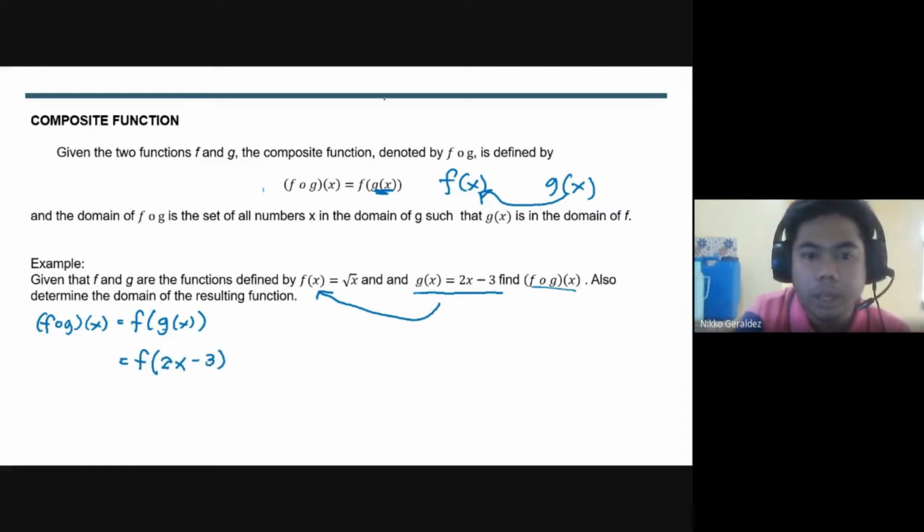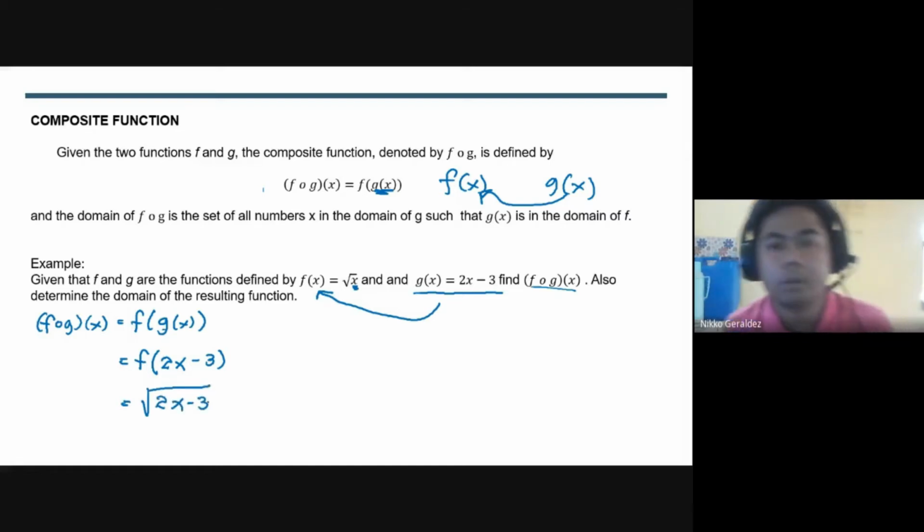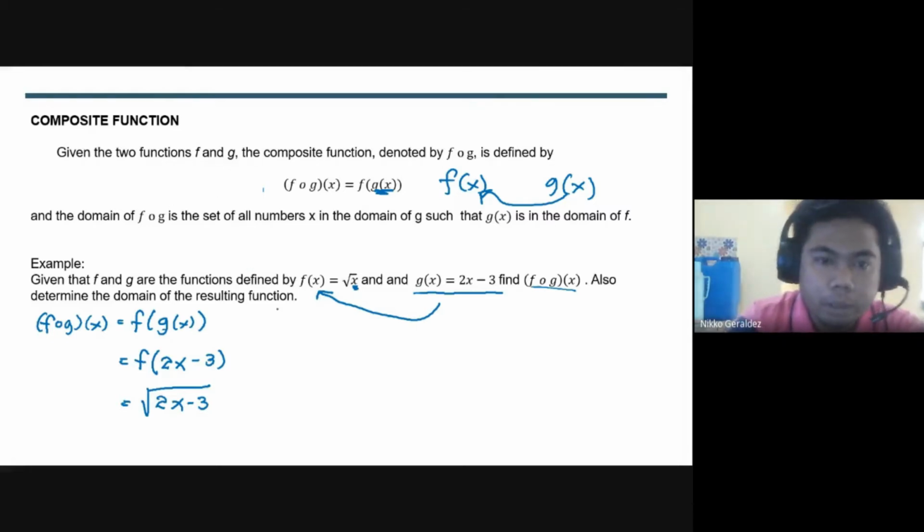Next, what is f? Square root of x. So, substitute mo si 2x minus 3 doon sa x mo. So, that is equal to square root of 2x minus 3. So, solve natin si domain.